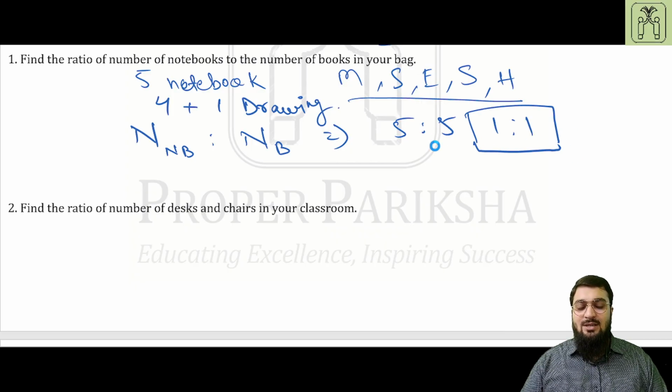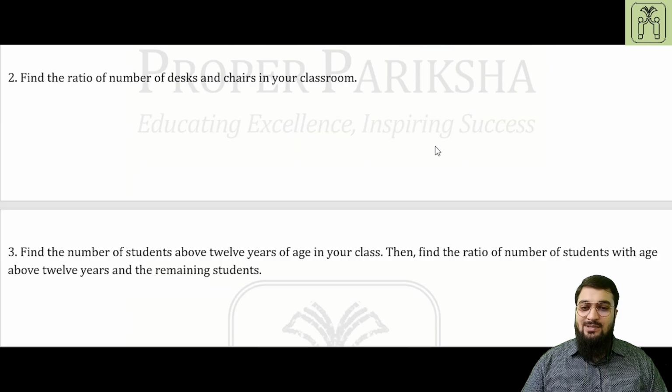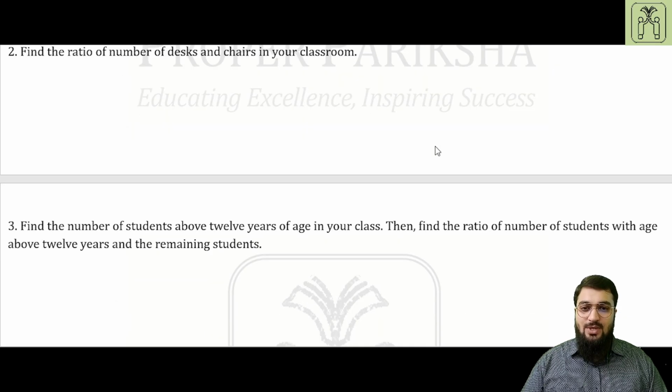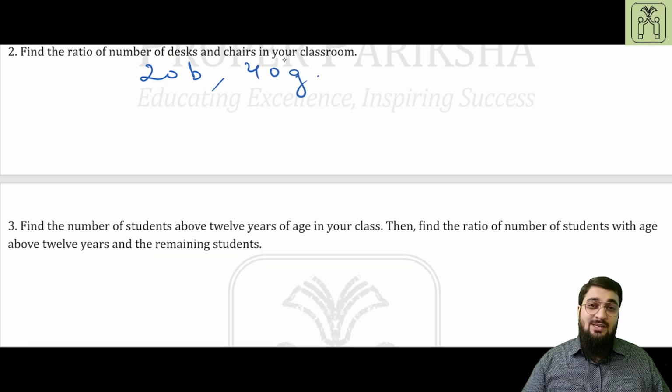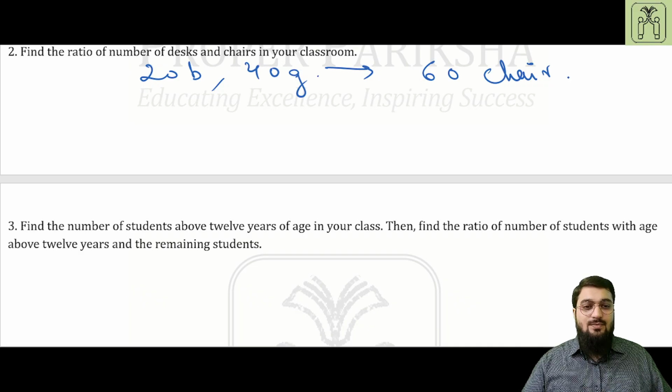Coming to the next question. Find the ratio of the number of desks and chairs in your classroom. So let us say that we take the example of the previous video, that there were 20 boys and 40 girls. So in such a classroom, how many desks and chairs must be there? There must be at least 60 chairs and 60 desks for the students.